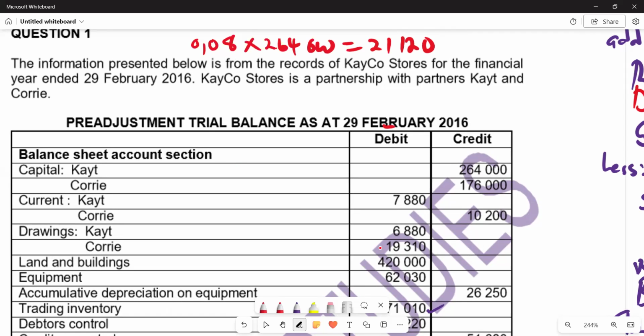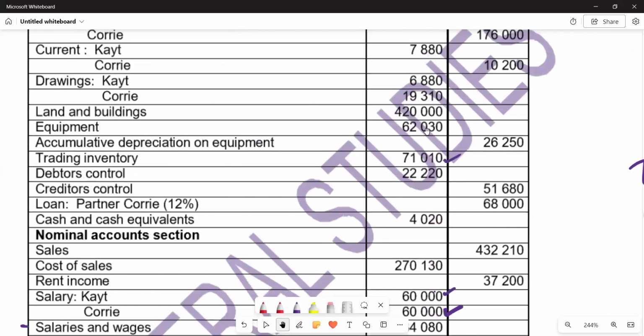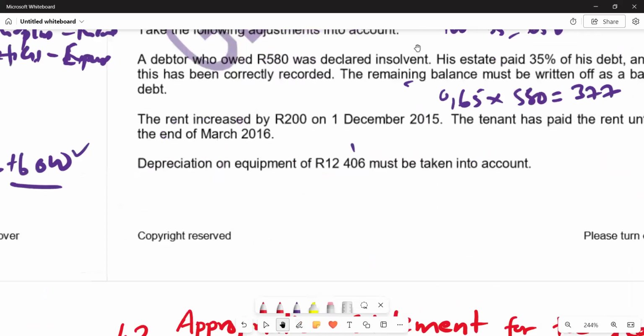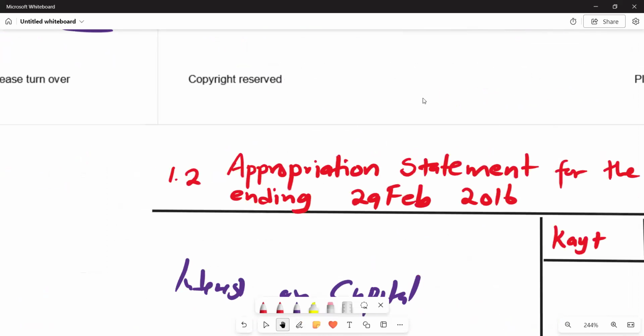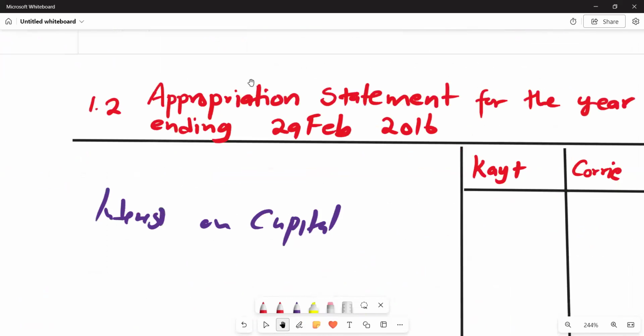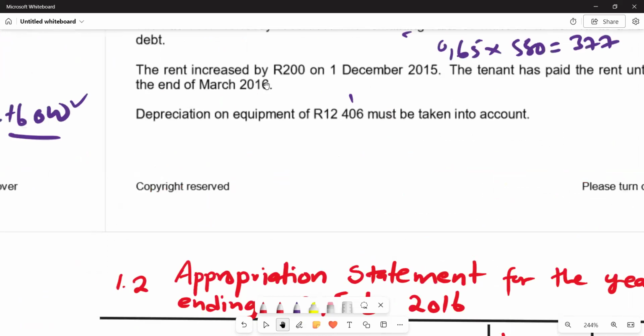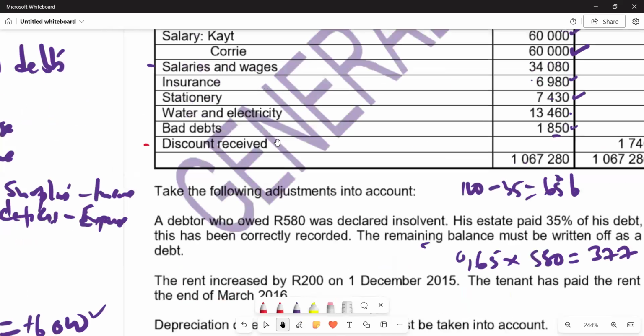So we go to the other section and put our 21,120. And then for Corey, we do the same. We multiply by 8%.